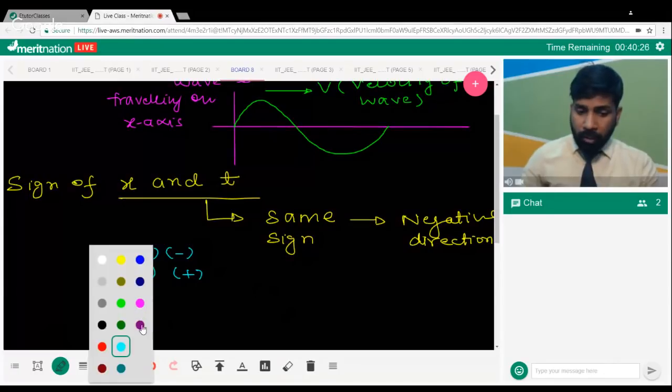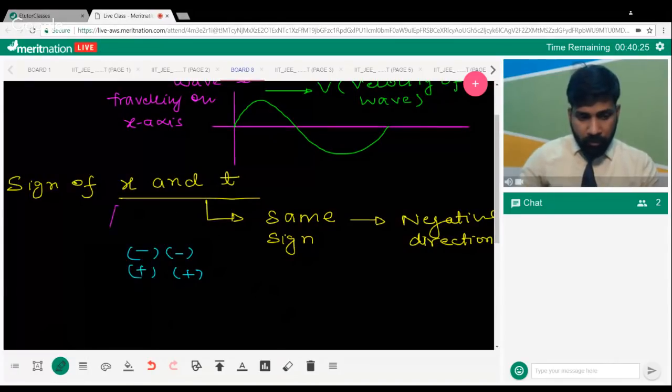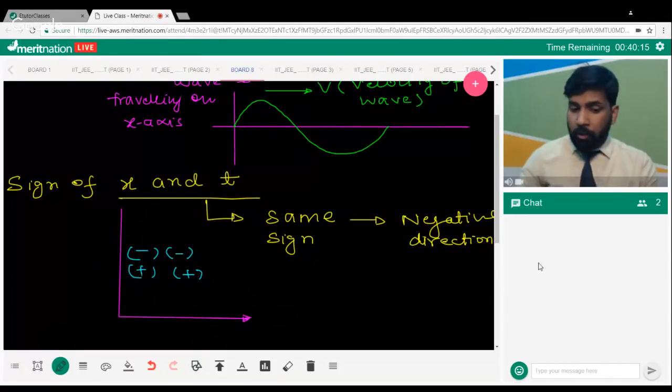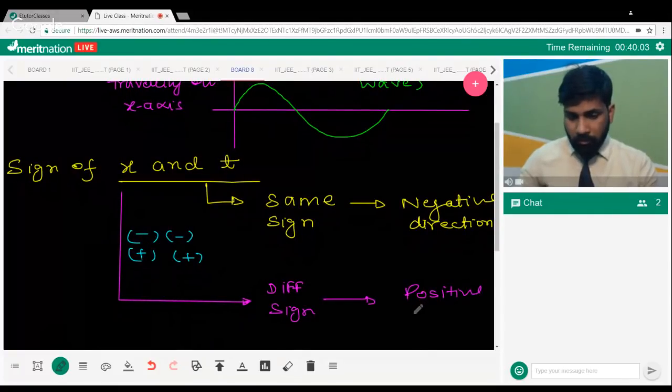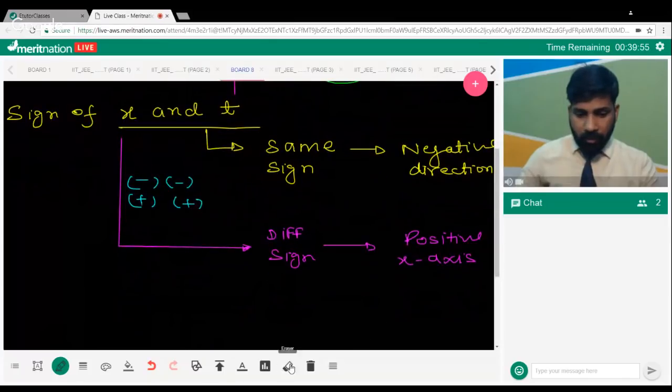But what about different signs? If the signs of x and t are different, then the direction of motion of the wave will be towards the positive x-axis.